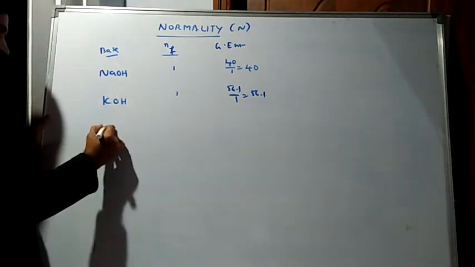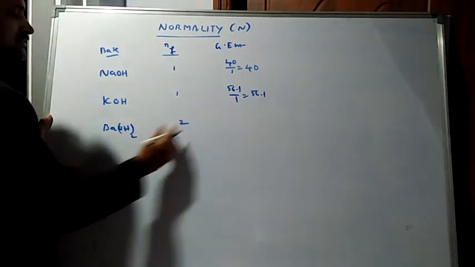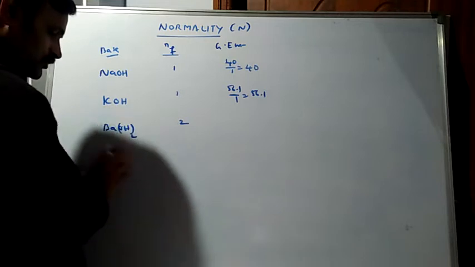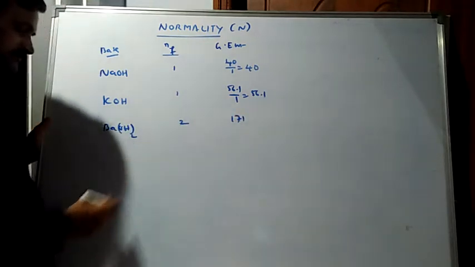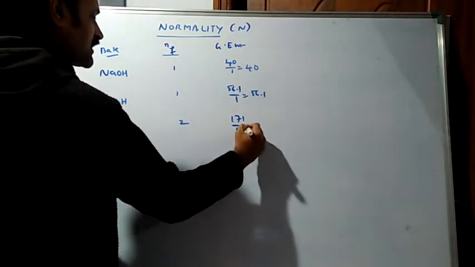Likewise, we have barium hydroxide, Ba(OH)2. In this there are two OH groups that can be displaced. So the molar mass of barium hydroxide is 171, divided by its N factor, which is 2.